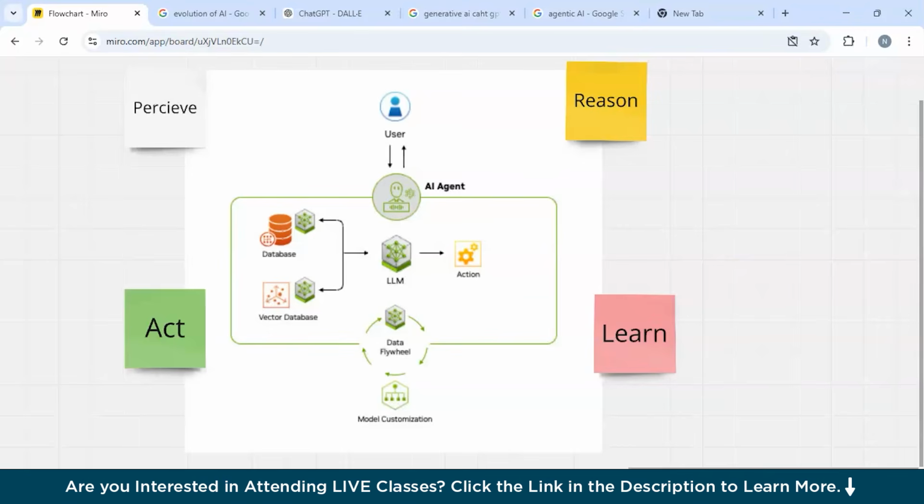Now, the next step is reasoning. AI's understanding, decision making and problem solving is making agentic AI way greater. So here, what is exactly happening? Once the AI has perceived the data, now it should start reasoning over it. The LLM acts as a reasoning engine, orchestrating AI processes and integrating with specialized models for various functions.